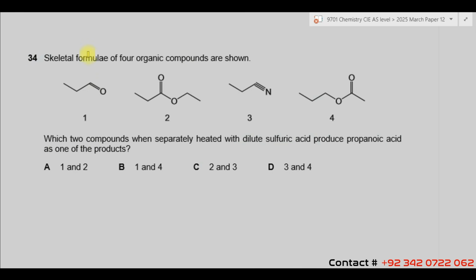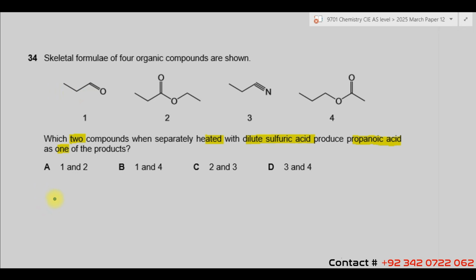Question 34. Skeletal formula of 4 organic compounds are shown: 1, 2, 3 and 4. Which 2 compounds when separately heated with dilute sulfuric acid produce propanoic acid as one of the products? Okay, so let's draw the structures for this.